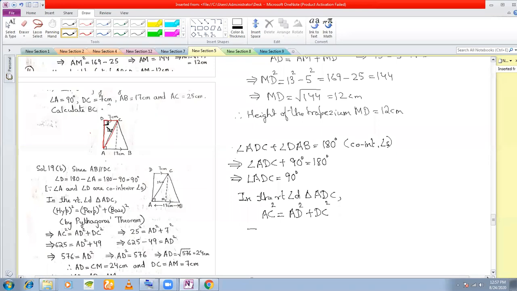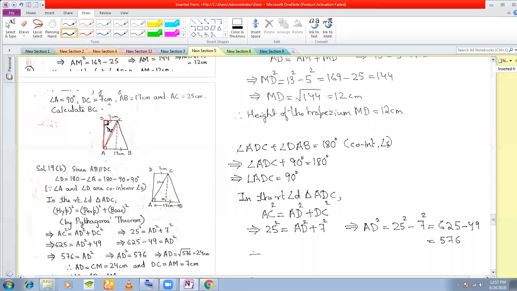Okay, now let's see what is given. AC square is given to be 25. AD square we need to calculate, and DC square is given to be 7. So therefore, what is AD square? It's 25 square minus 7 square, which is equal to 625 minus 49, which is 576.